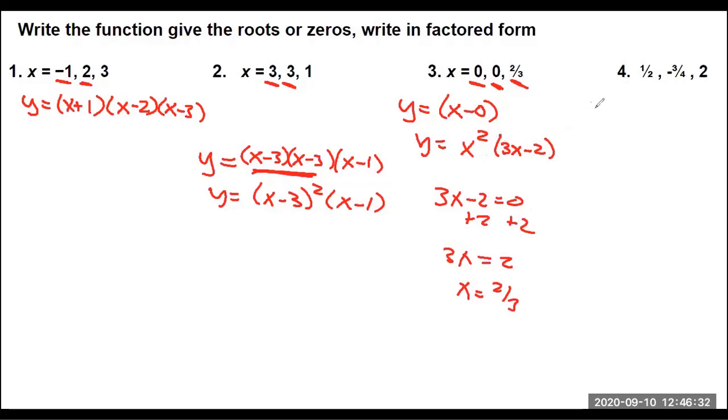Super hard one. What are my factors going to be? It's going to be 2x minus 1. Awesome. And then what's this one going to be? Negative 4x.